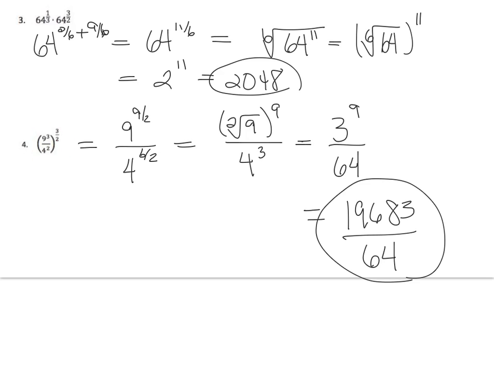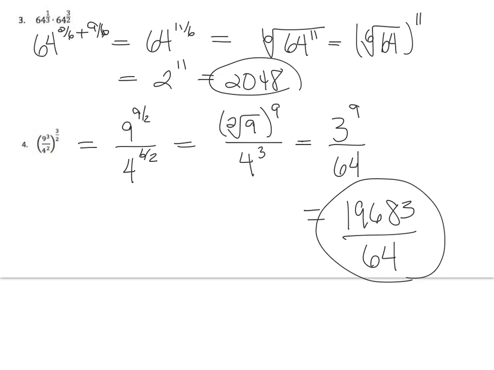Okay, here I have something raised to a power, so I need to multiply it to the numerator and the denominator. 3 halves times 3 is 9 halves. 3 halves times 2 is 6 halves, which simplifies to 4 to the 3rd power. Here I changed it to radical, square root of 9 raised to the 9th power.